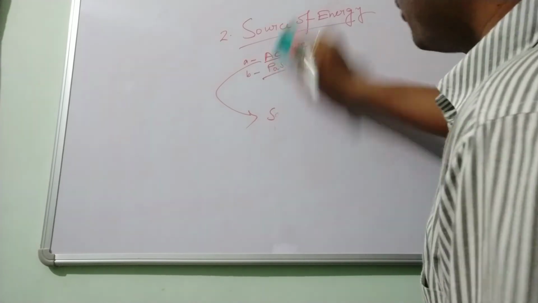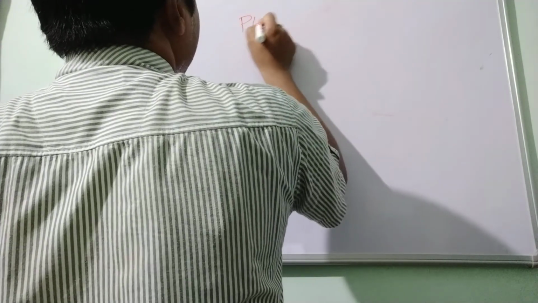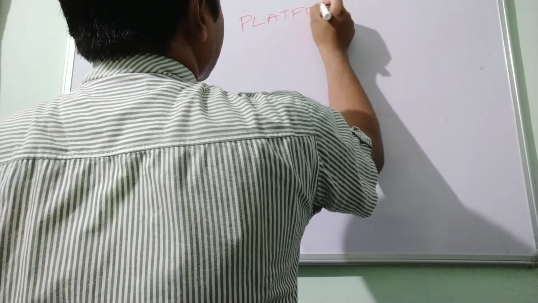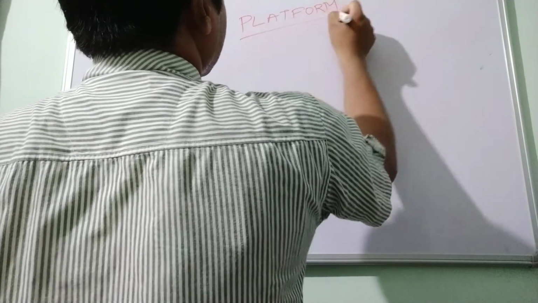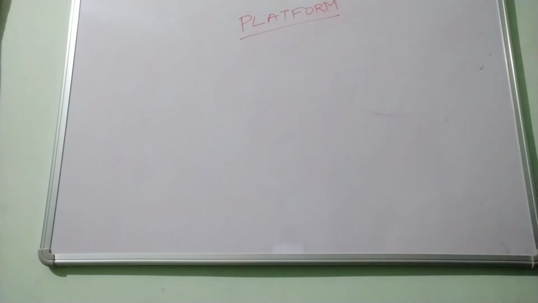Next, another important component of remote sensing is the platform. What is the platform? A platform is a physical device where the remote sensors are mounted.